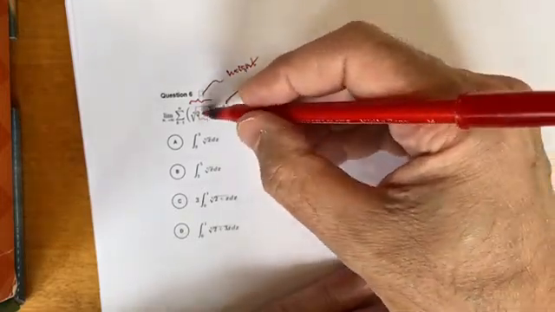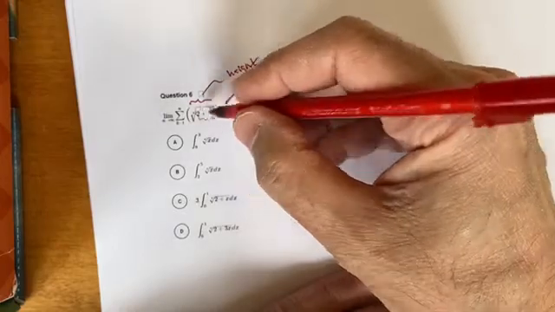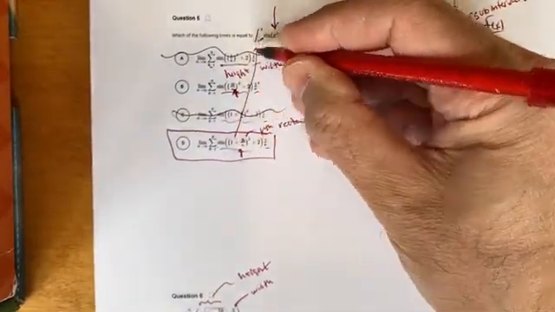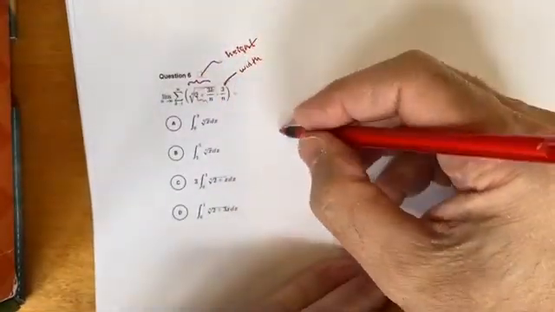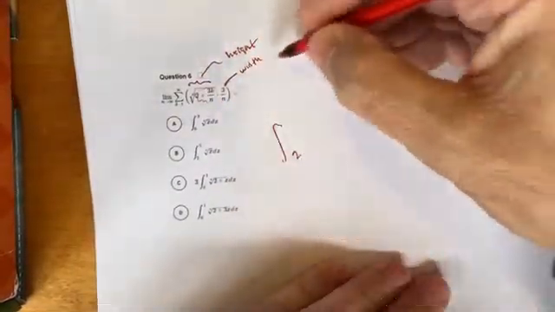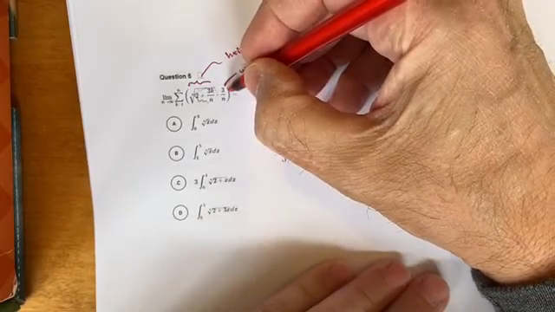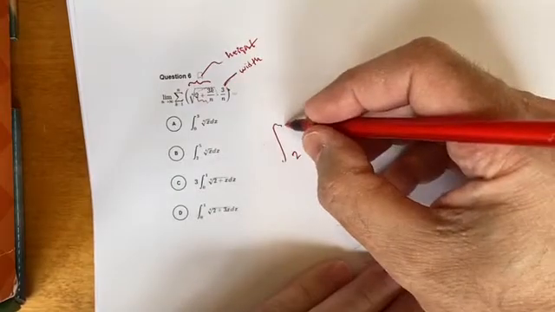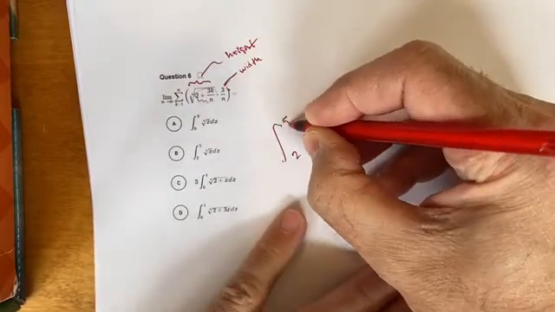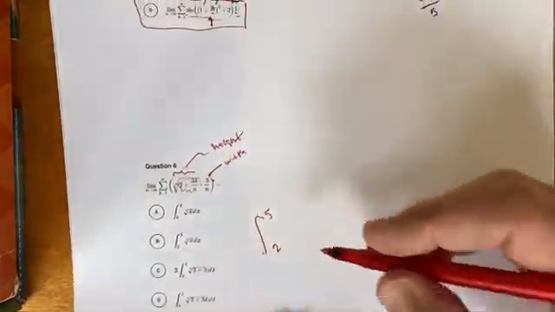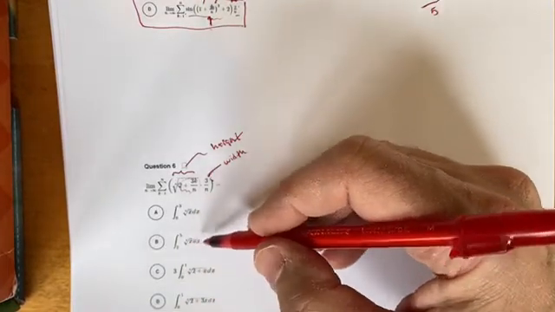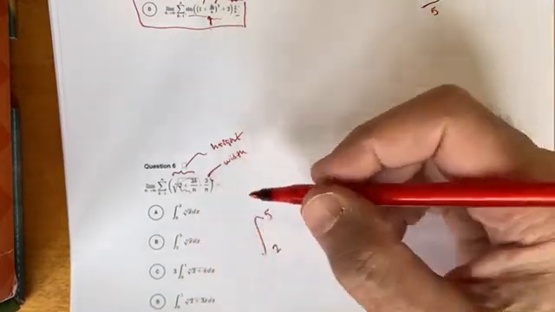This 2 plus is just like that 1 plus. The 1 is the bottom of the interval, so this 2 has to be the bottom of the interval. The width of the interval has to be 3. So 2 plus 3 is 5, and this integral has to go from 2 to 5. It's the only one that does.